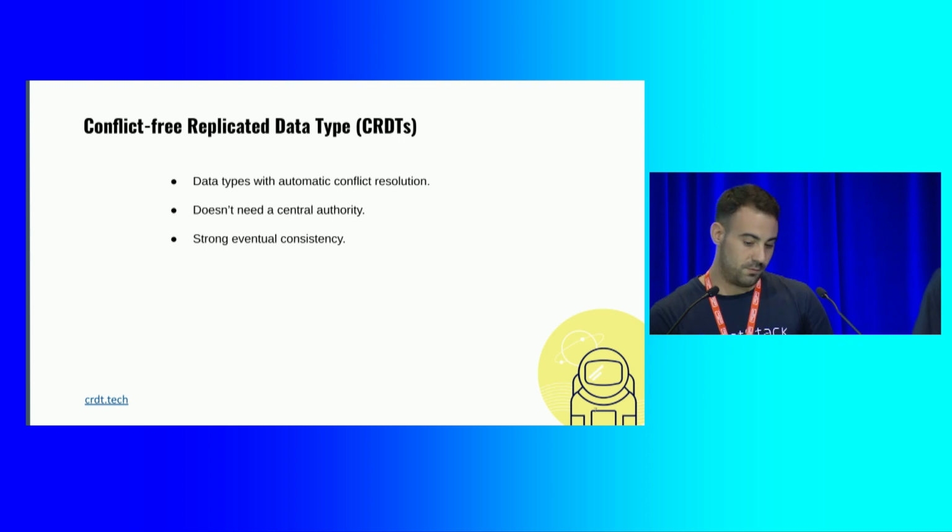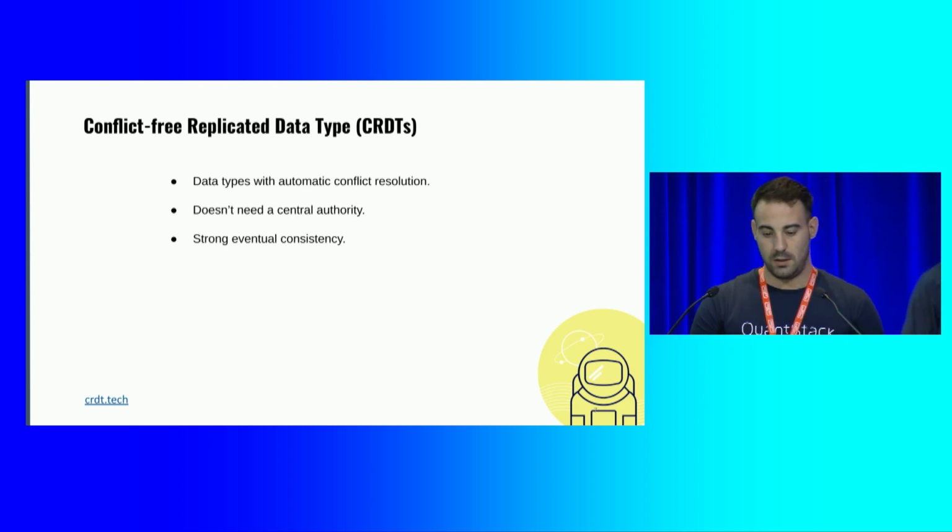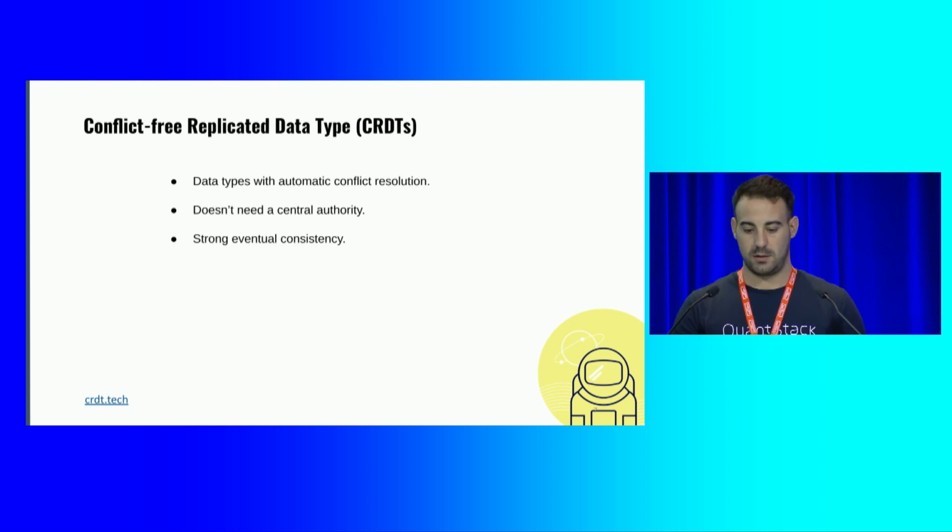For those interested in the technical part, I don't want to go into too much detail. I just want to say that we are using conflict-free replicated data types, CRDTs. Basically, CRDTs are data types with automatic conflict resolution. They don't really need a central authority for resolving the conflicts, which gives us a strong eventual consistency, which means at some point, eventually, everyone will end up with the same content.